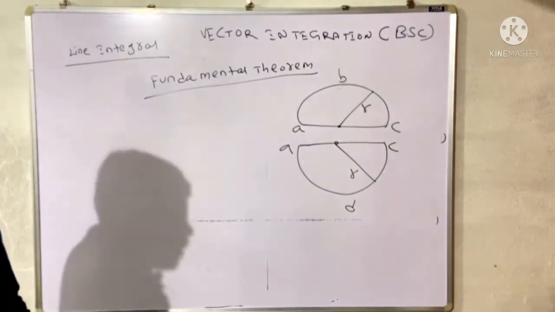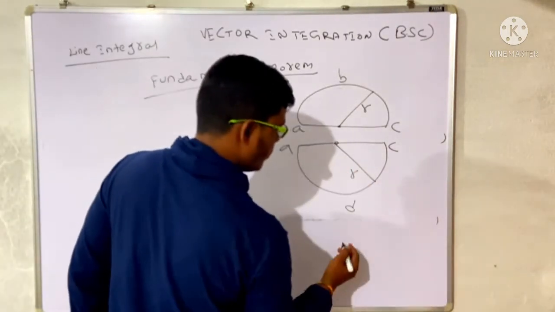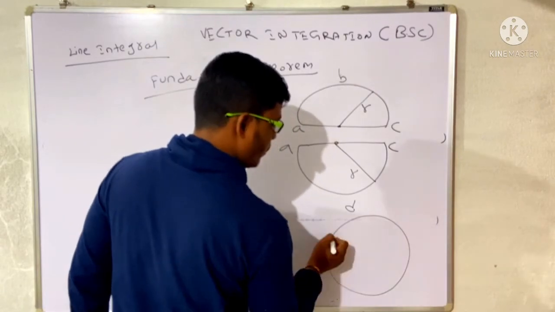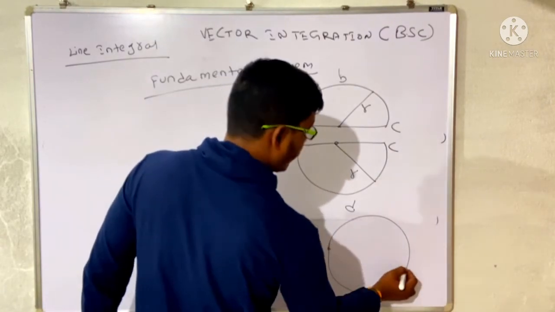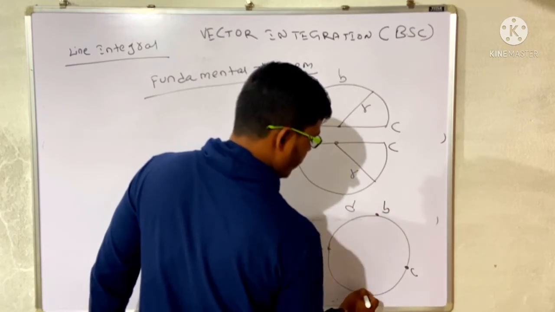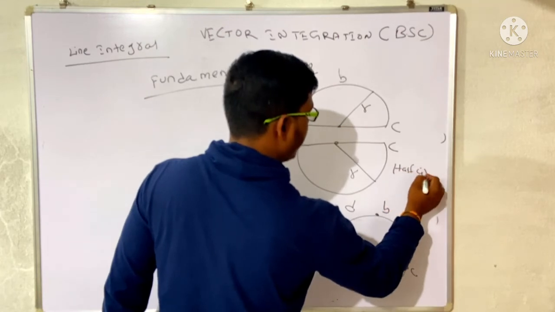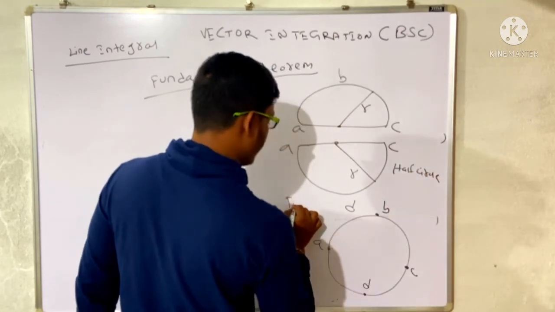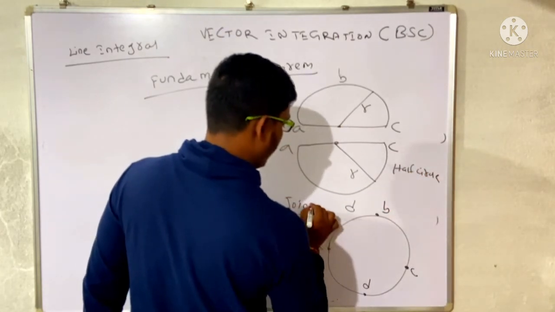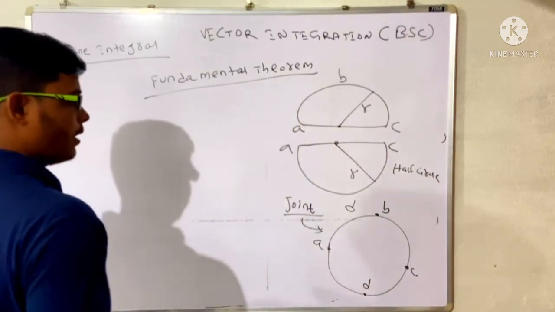So these are two curves. Now you join them, you will get A and C. This is your B path and another is the D path. So these are two half circles. Now join them, you will get a complete circle.